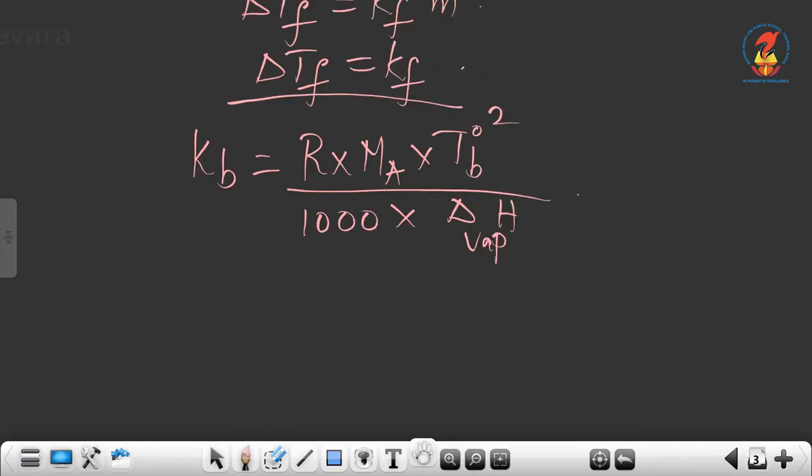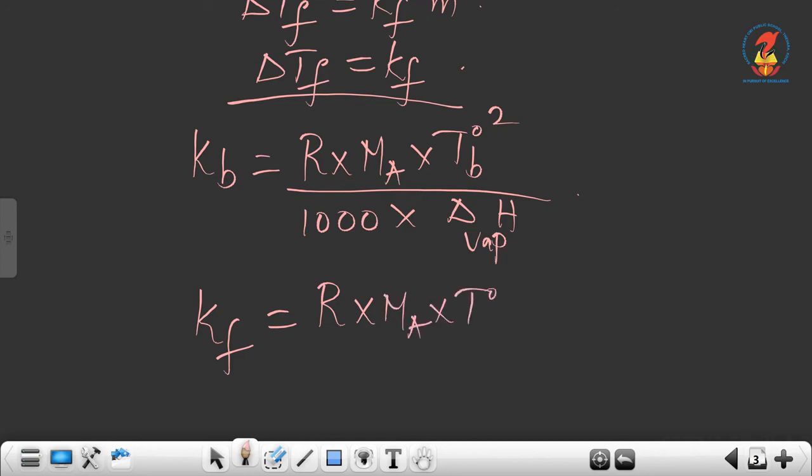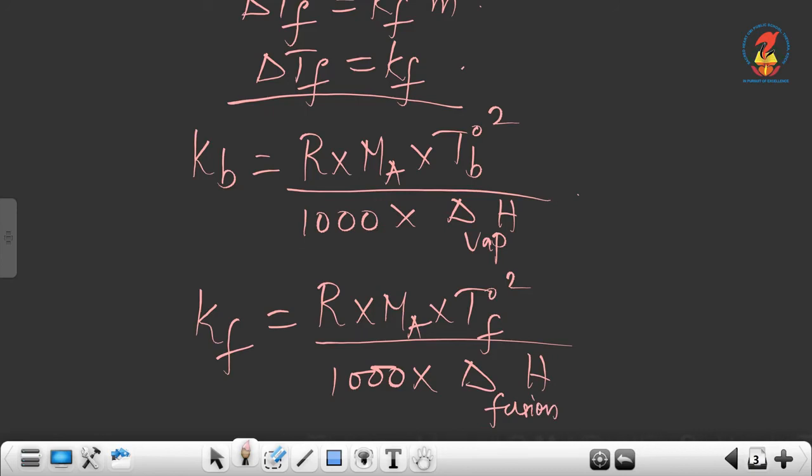And the Kf value is R into Ma into T0F square divided by 1000 into delta H of fusion.